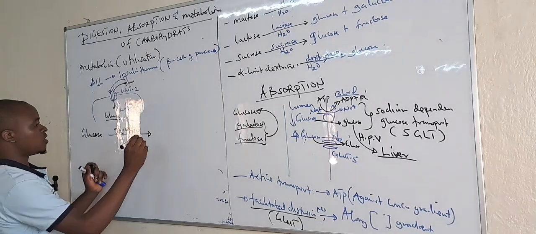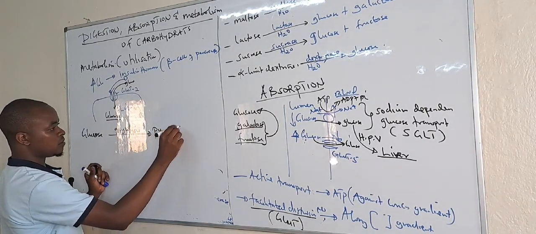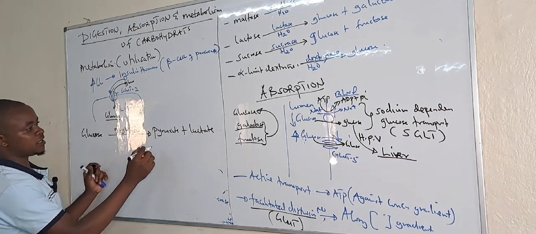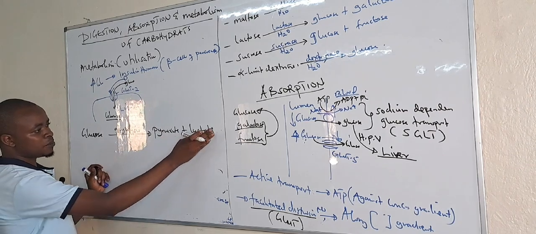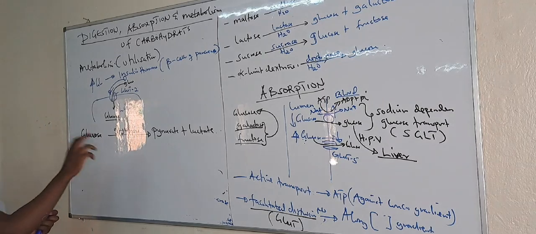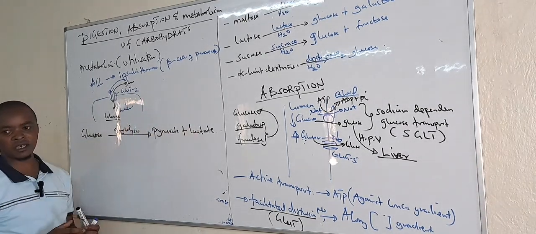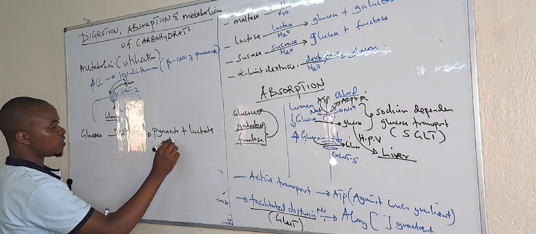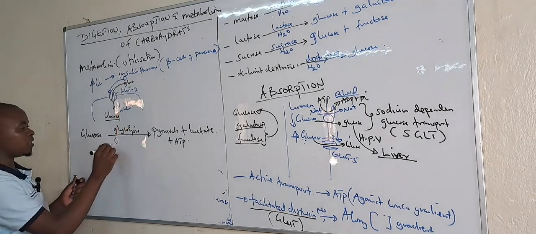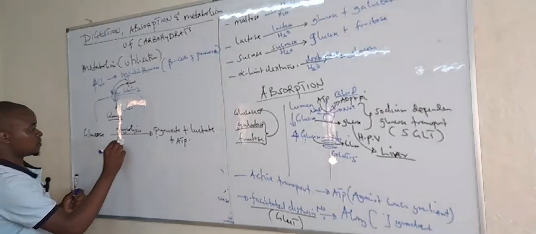It can undergo glycolysis to form pyruvate in the presence of oxygen, and in the absence of oxygen we form lactate. So glycolysis is the breakdown of glucose to form pyruvate and lactate. It also involves production of energy in the form of ATP. And we are saying this is the catabolic reaction. This is catabolic.